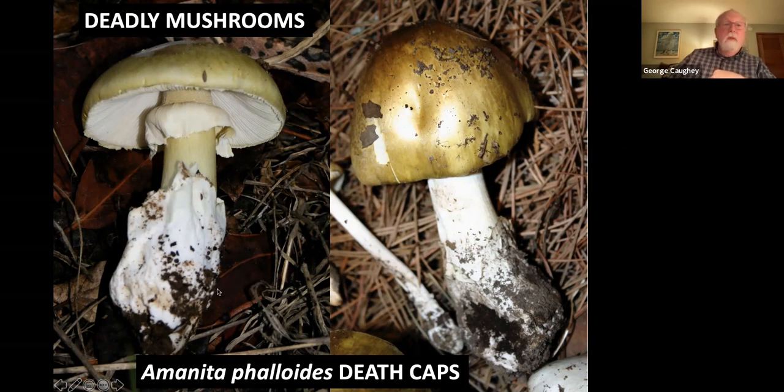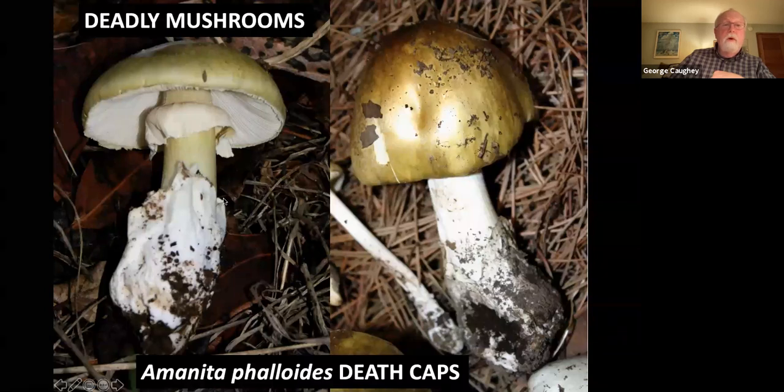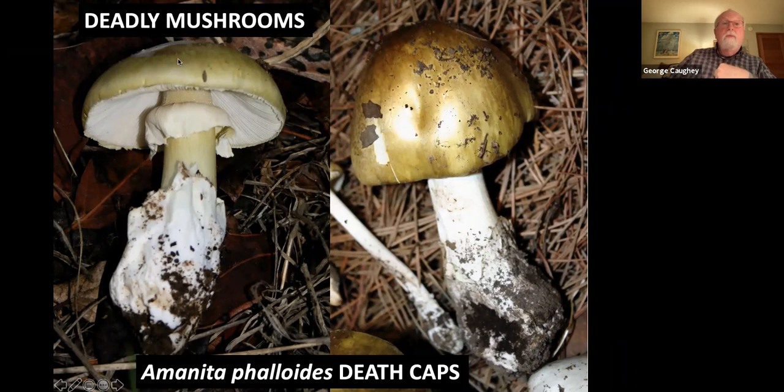And they have the characteristic very exuberant cup or volva, a big ring. When fresh, they have kind of an olive to green complexion, but when they dry out, they can almost look like they've been gold leafed.